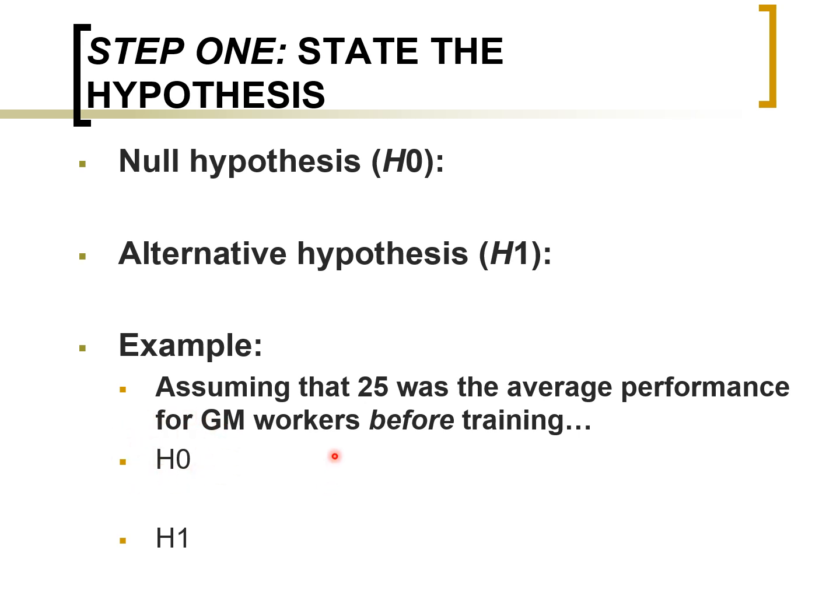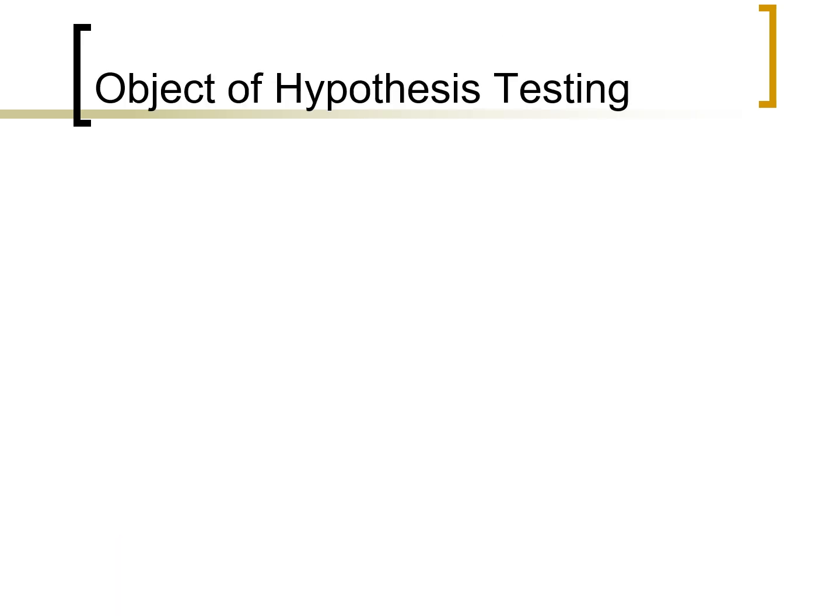Of course, what we want to do is reject that null and be able to say that our training performance mean was significantly higher than this non-training population mean. We reject the null, and having tossed that out, we go forward with the alternative hypothesis that there is a meaningful effect, a meaningful difference. So what is the object of hypothesis testing?